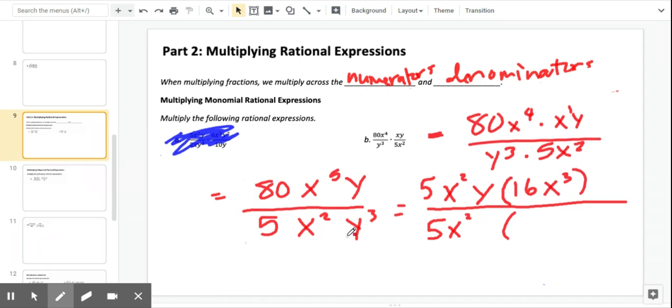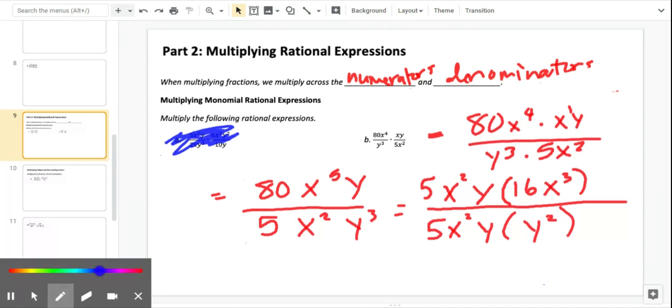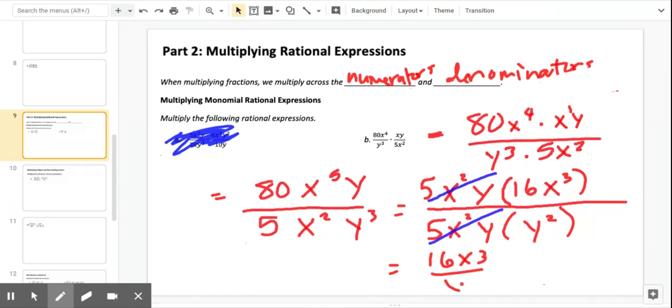Then in the denominator, we'll have y here. And if we take out one of these y's, we're left with y squared inside here. And again, the reason we do that is because now we can cancel out these things we factored out, and we are left with 16x cubed over y squared. The end.